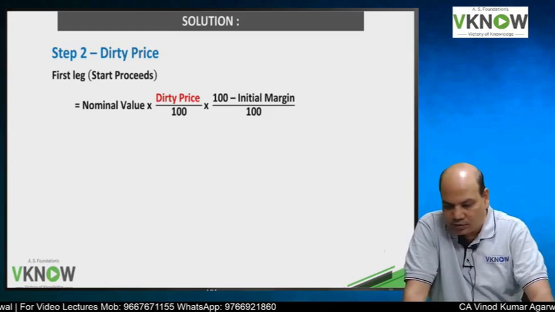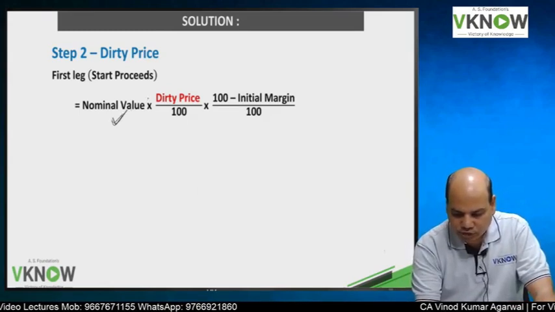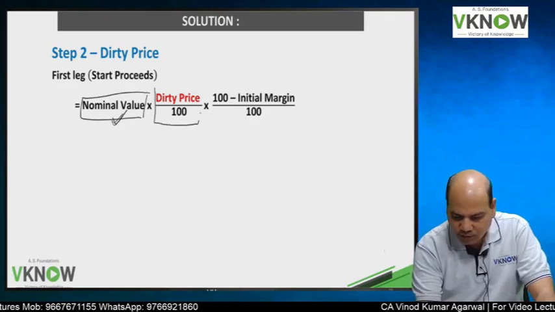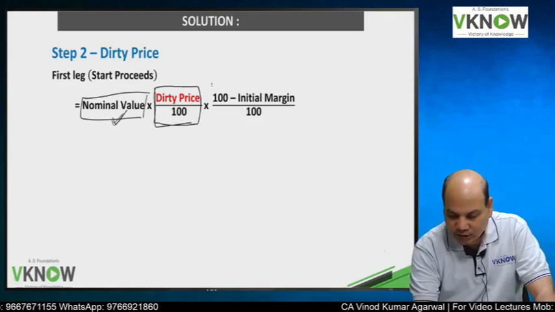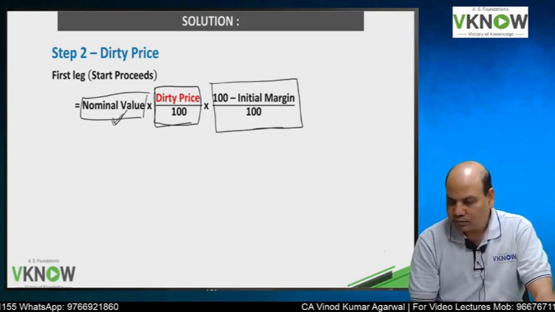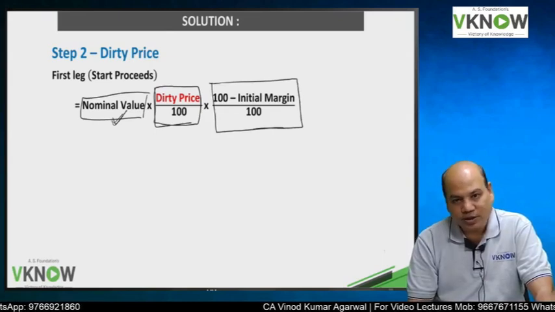What is the dirty price? So it is equal to nominal value, which is the face value, into dirty price divided by 100, proportionate. But in case there is a margin involved, the lender is not paying you 100%.